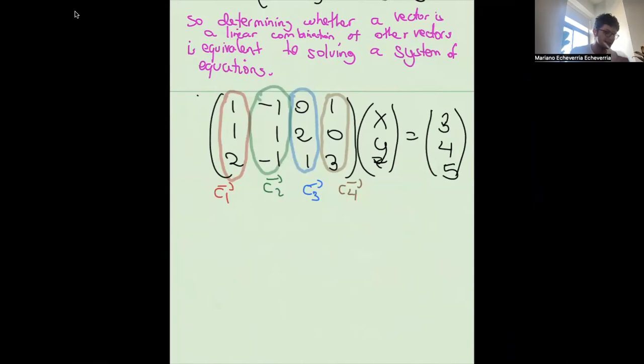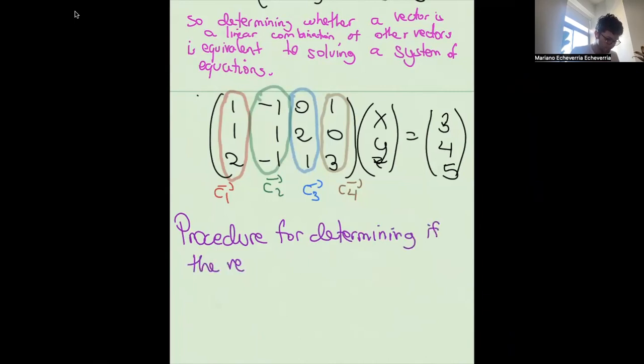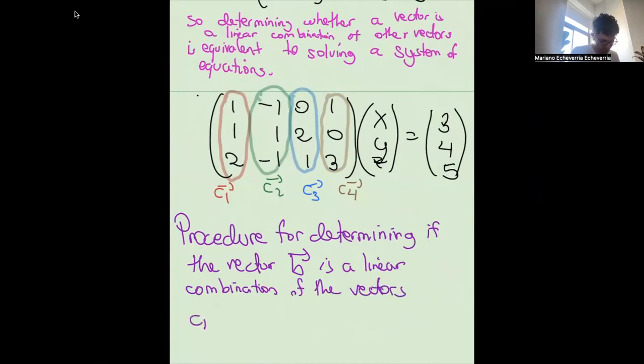So let me write it as a procedure for determining if the vector B is a linear combination of C1, C2, C3, up to Cn.